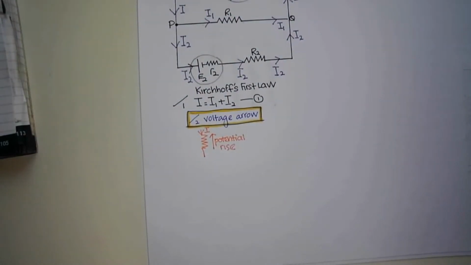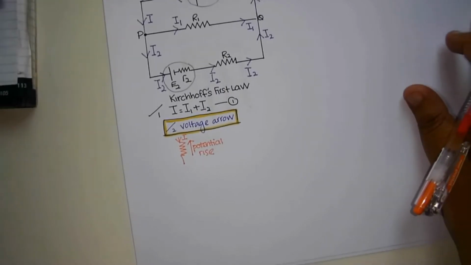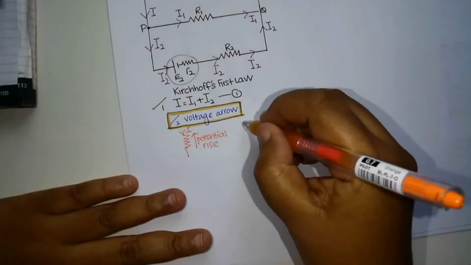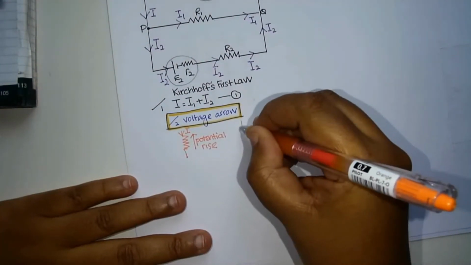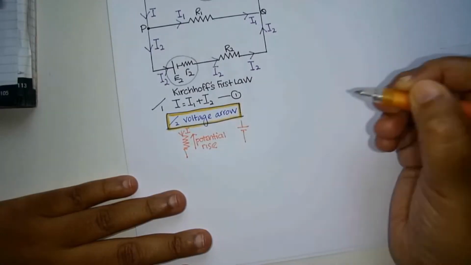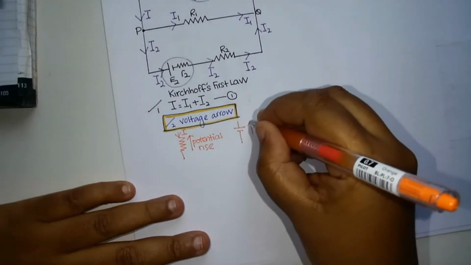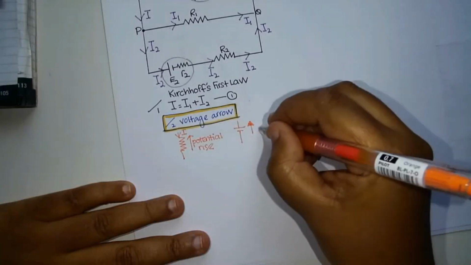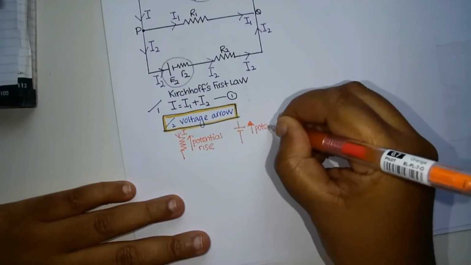Correct? So we draw a voltage arrow where the voltage represents potential rise. And if it's an EMF, this will be the direction of the voltage arrow, which is a potential rise.